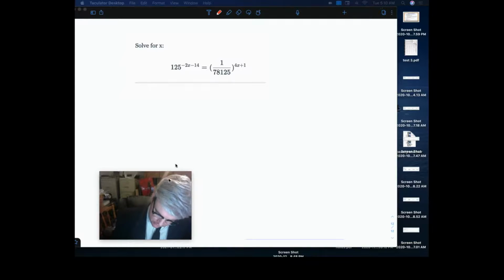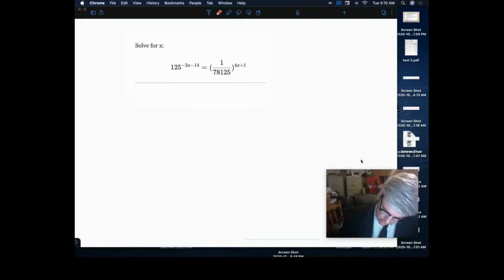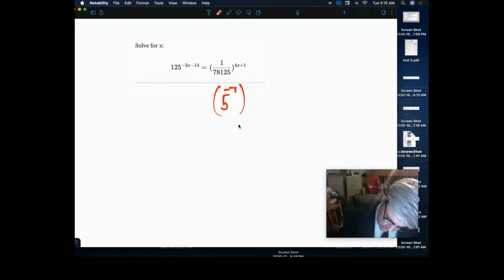So we have 5 to the -7, 4x plus 1. And this is 125, well, I should say 5 cubed, so -2x minus 14.